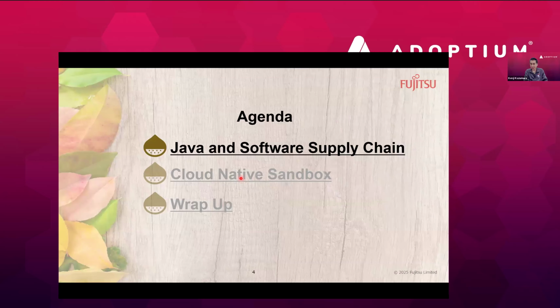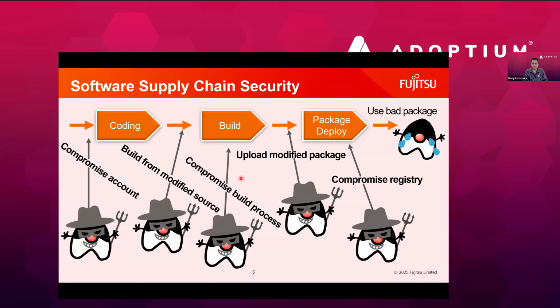So let's get started with the first topic, the intersection of Java and the software supply chain. I think most of you know well about the software supply chain, so I am going to talk briefly.